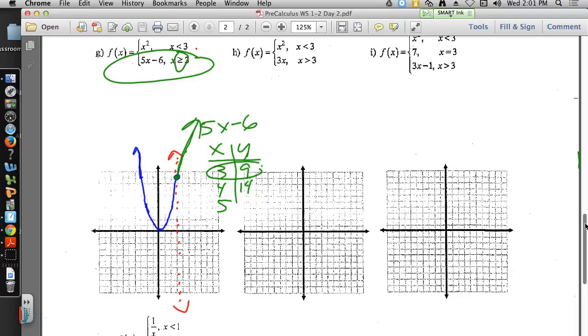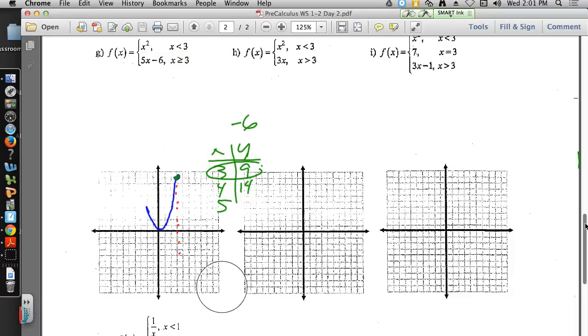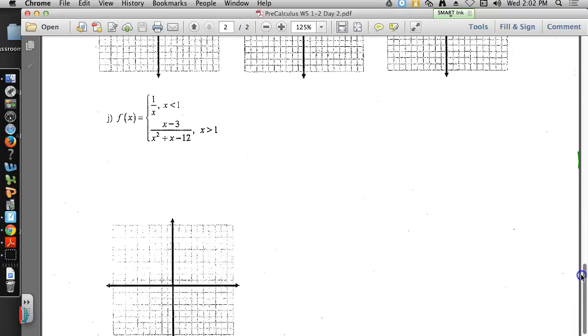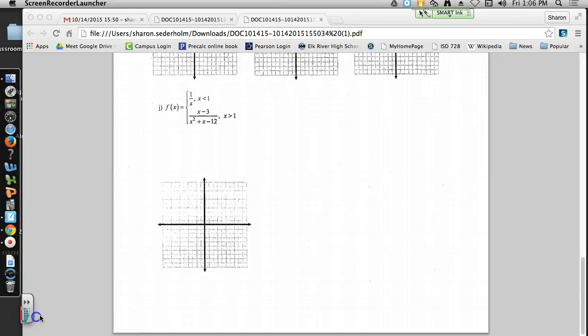And then another one that you had asked about was J. All right, the last one here that you asked for was J, and J definitely has a split at x is greater than 1.